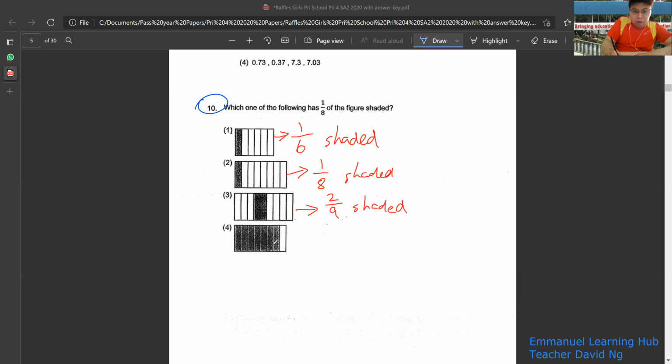Now you understand the concept of fraction, no? Yes. For part 4, what is the fraction that's shaded? 7/8. Very good. You got it now. So for number 10, what is the correct answer? Number 2. Okay, you got it now? Yes.